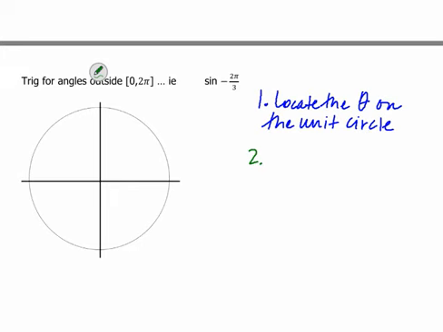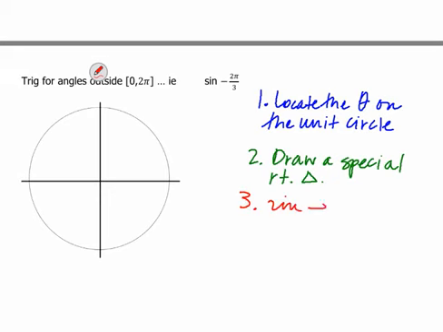That's also an option. And then third, you can either do SOHCAHTOA, or you could just know that sine is the y coordinate, cosine is the x coordinate, and to get tangent, you divide y by x. It's kind of what I recommend doing.